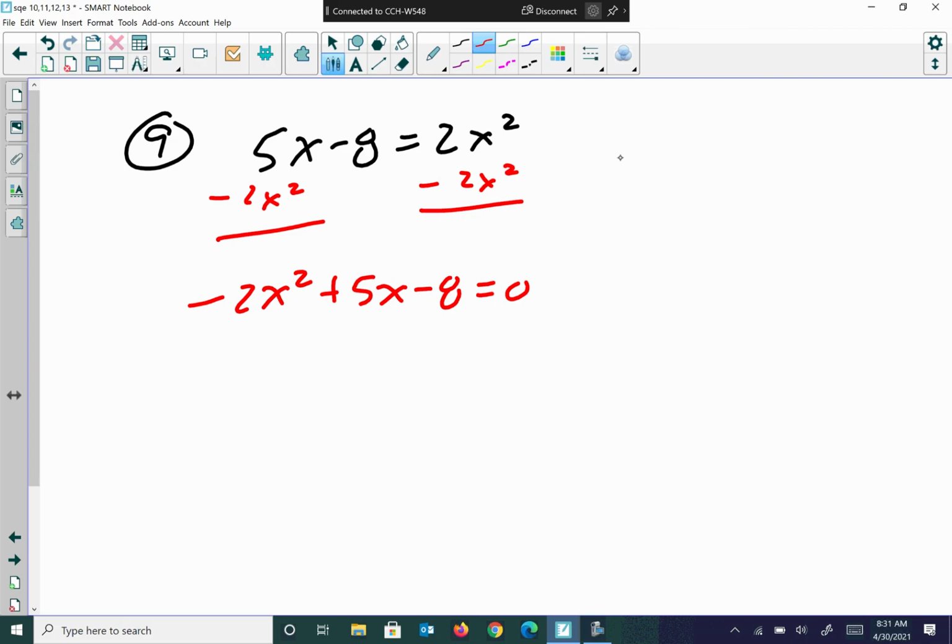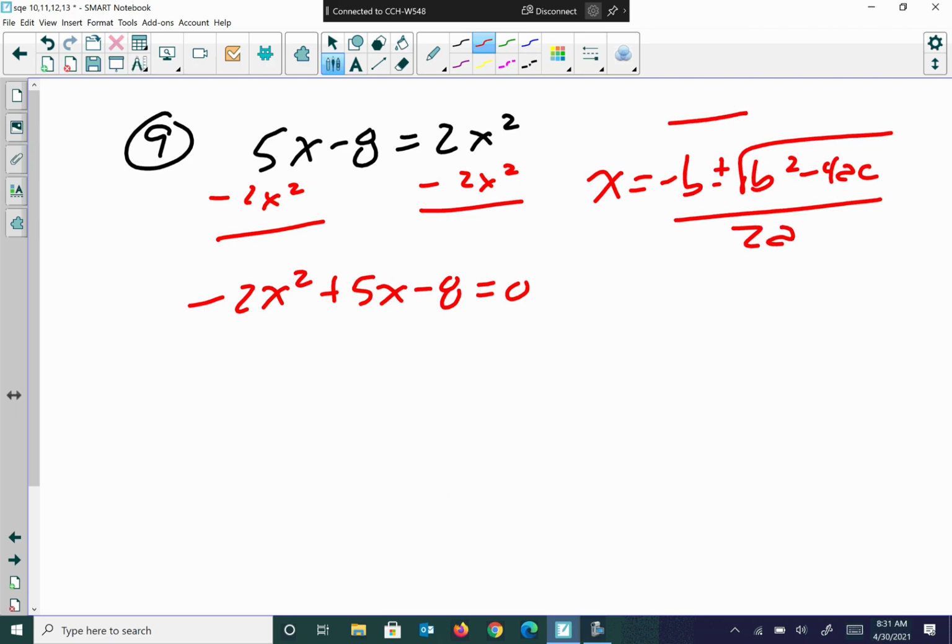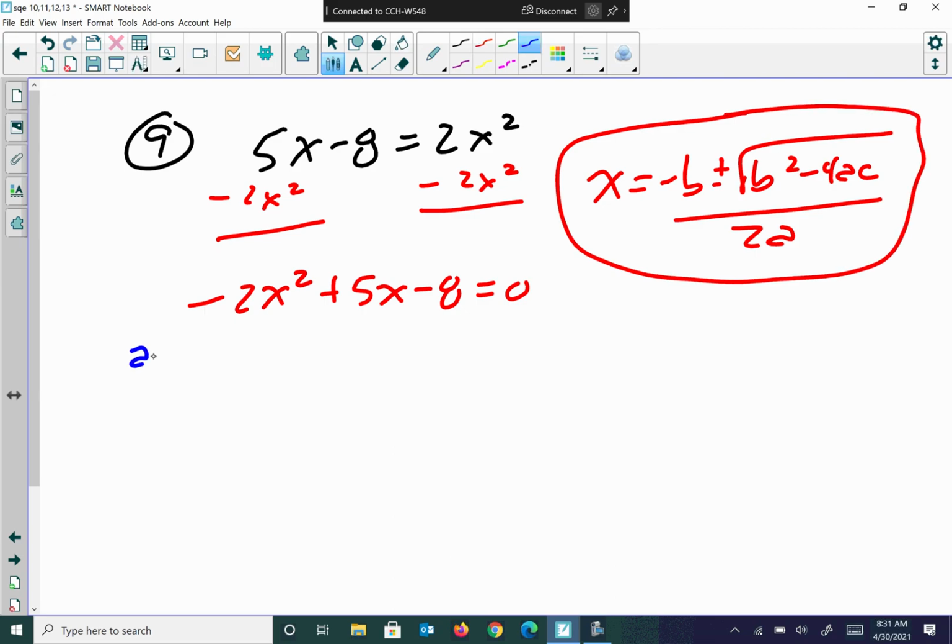And we know that. Ready? X is equal to negative b plus or minus the square root of b squared minus 4ac all over 2a. So I know I have an a value of negative 2, a b value of 5, and a c value of negative 8. Agree?